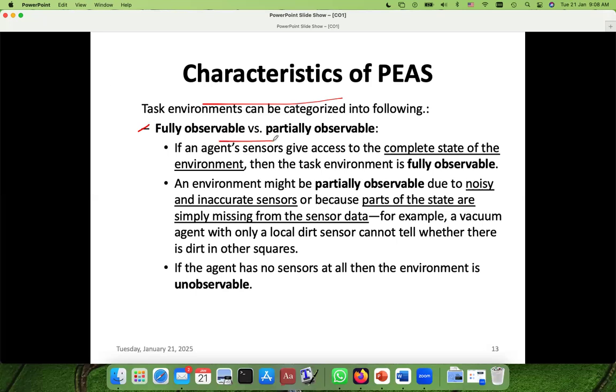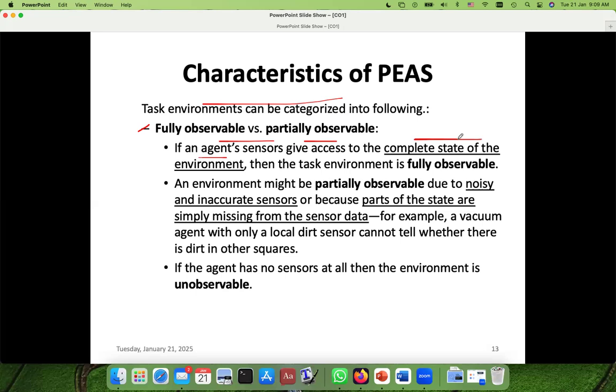If the agent sensors give access to the complete state of the environment, which means that thing which I said to you: if your agent sensor can observe each and everything of the environment, or can access the complete state of the environment. Normally in environments, we will have different states.